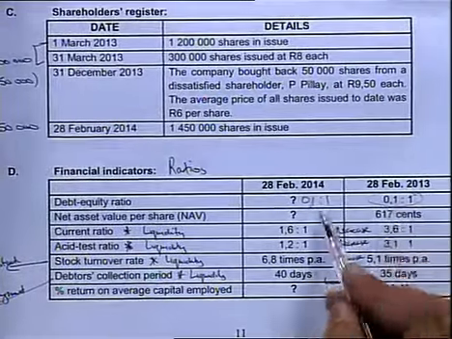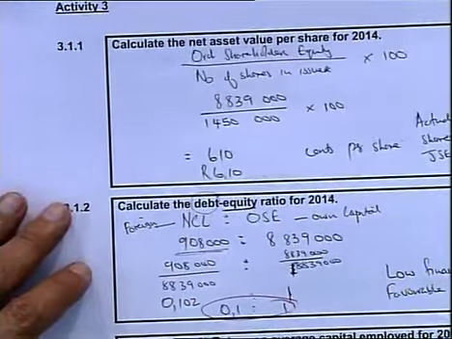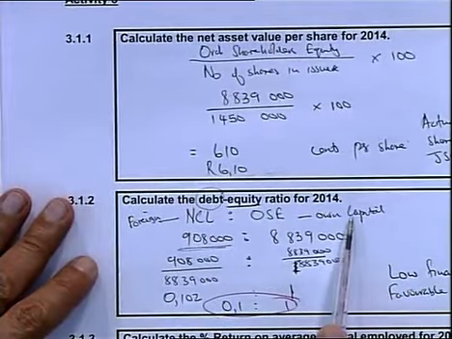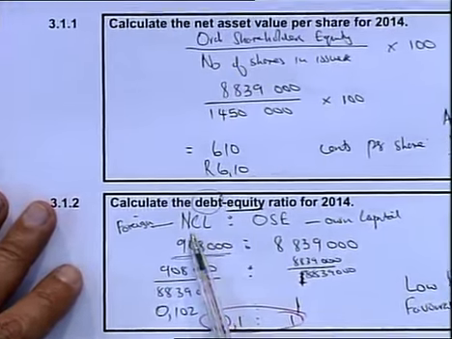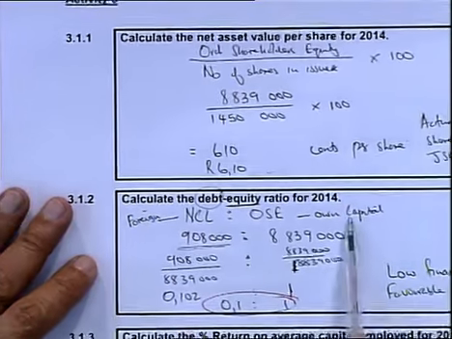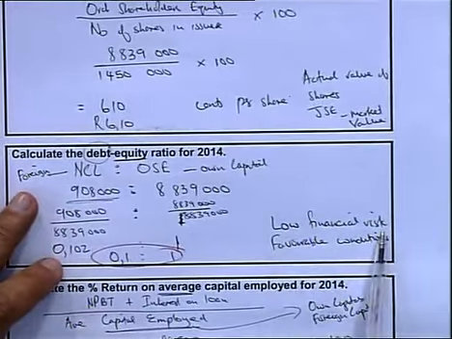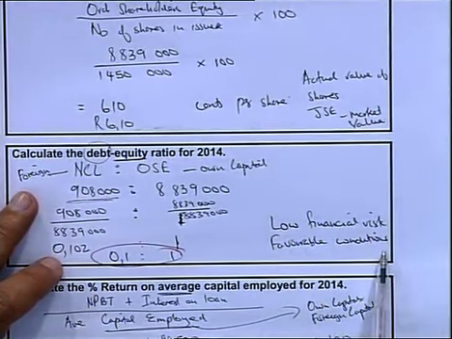So the debt equity remained the same, more or less, at 0,1. Remember that the debt equity refers to the relationship between the own capital and the foreign capital. Clearly, if it's 0,1 is to 1, then the own capital is much greater than the foreign capital. So we said earlier, it's a low financial risk, so conditions are favorable for us to go and borrow.